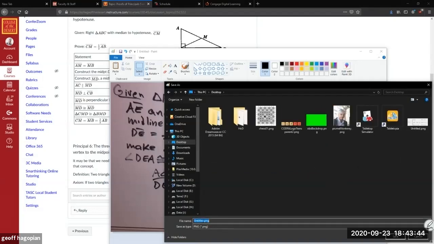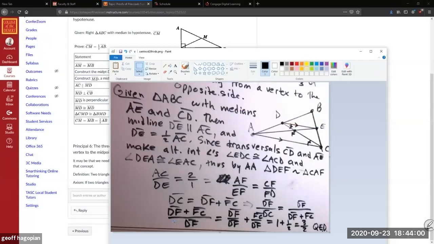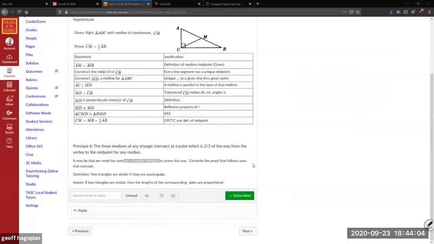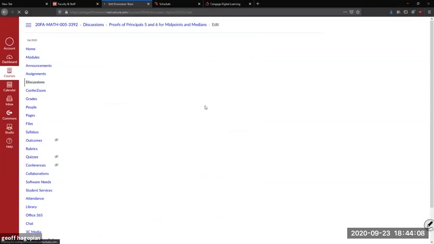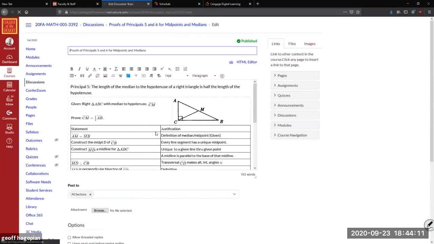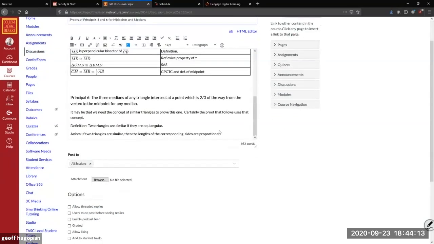I'll just put it on the desktop. And what do we call it? Centroid 2/3. Okay, whatever. So that's now a PNG file. Can I then, if I edit this, find that and paste it in there?